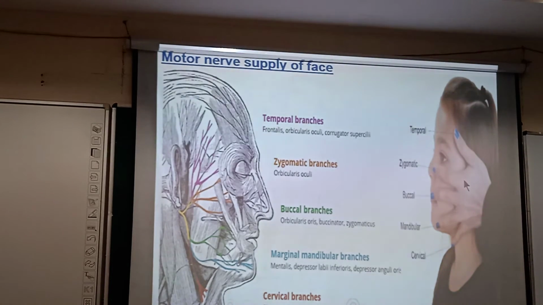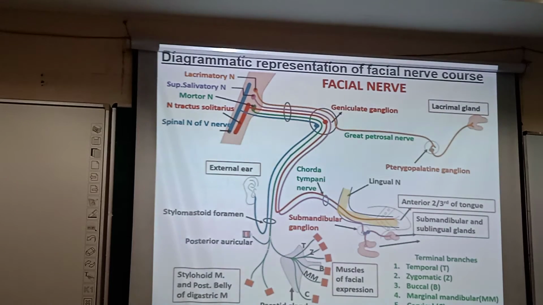Buccal supplies muscles around the upper lip, marginal mandibular supplies all depressors at this side, and platysma is supplied by the cervical branch of the facial nerve.